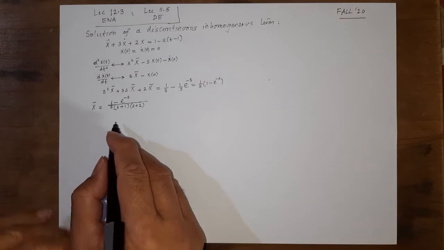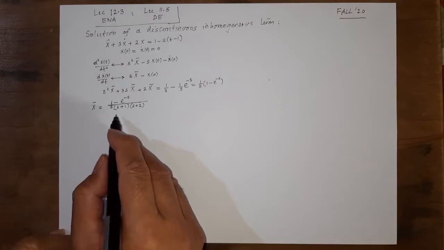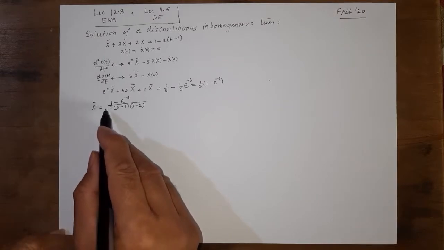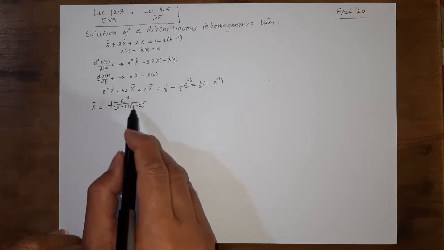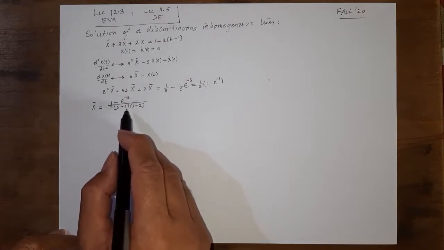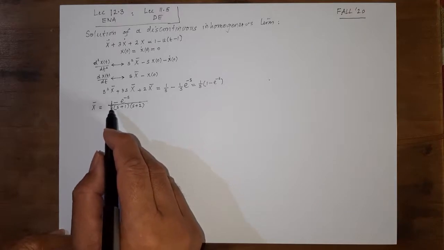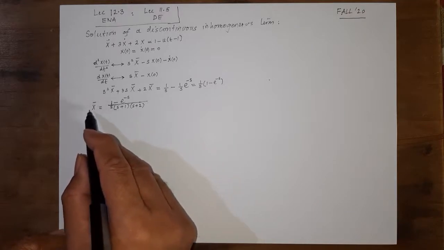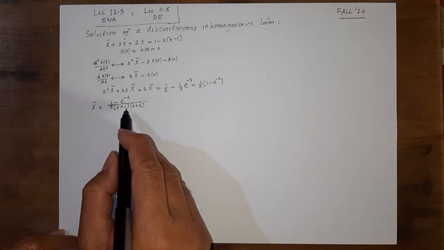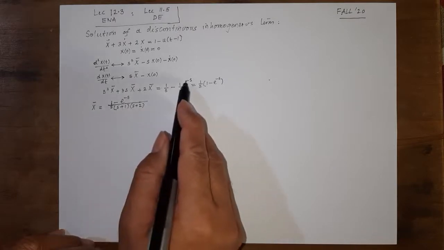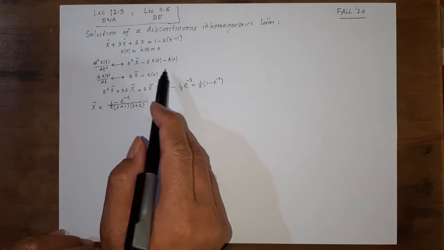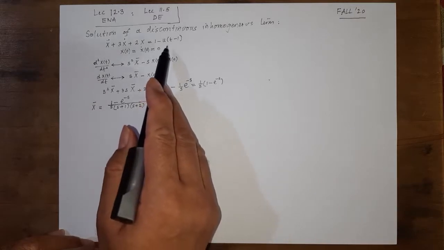Okay, so now what is required is to write this in such a way that we can use tables to find the inverse Laplace transform and get x of t. But if you look closely, we have this e raised to the power minus s that was actually due to a shift of some function by 1.